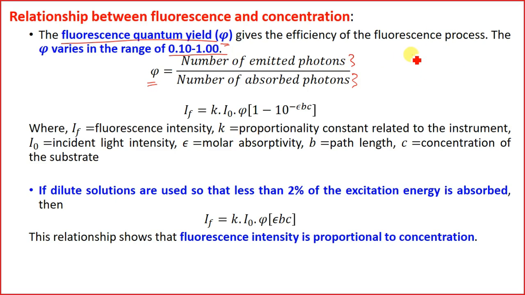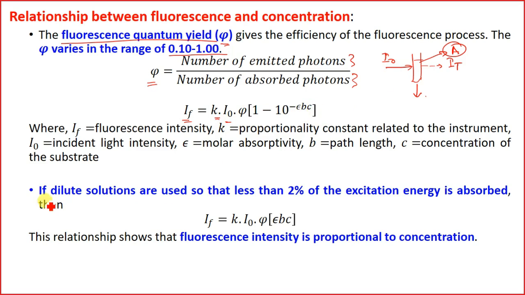So if you calculate this, we have seen that we can calculate the absorbance, and from the fluorescence we can find out the other quantity. The intensity of the fluorescence is given by this equation: IF equals K I naught, where I naught is the incident radiation, times 1 minus 10 to the power minus epsilon bC.